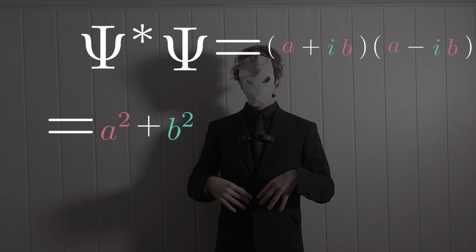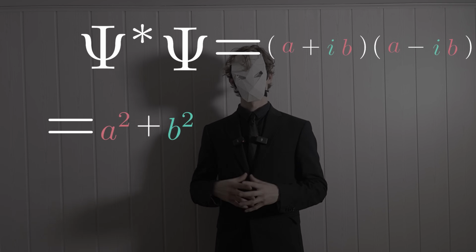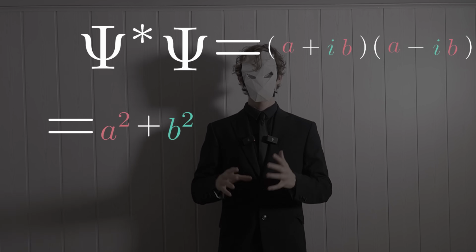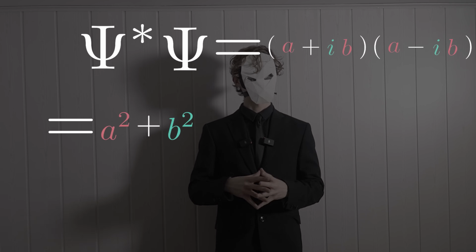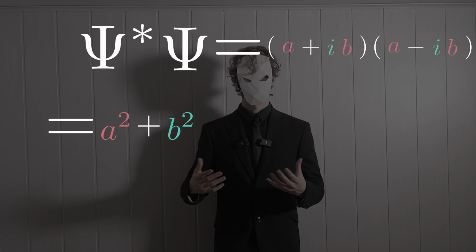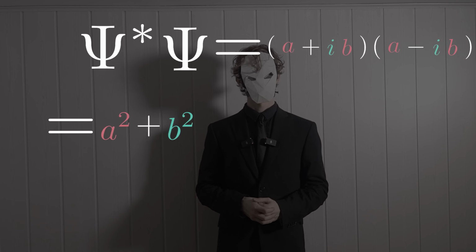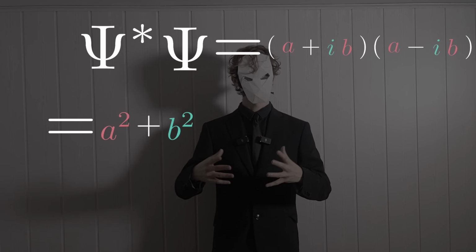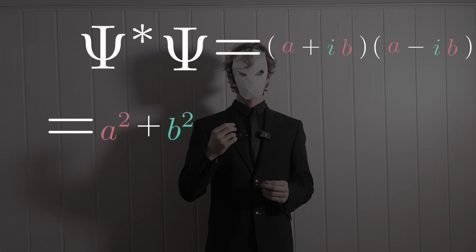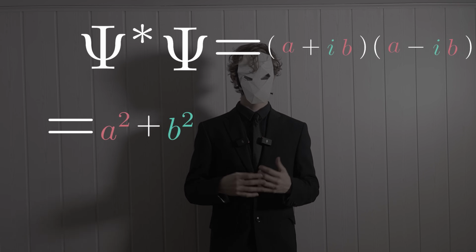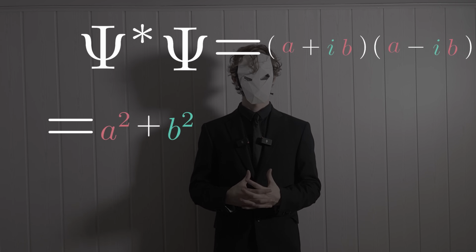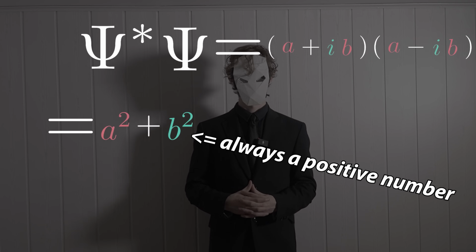Now, this may seem extremely convoluted for absolutely no reason, but there is a reason. You see, at the beginning, from our psi function, we got a complex number, so a real number and an imaginary number. Now, after performing this operation, we get two squares of real numbers, or in other words, a positive number.